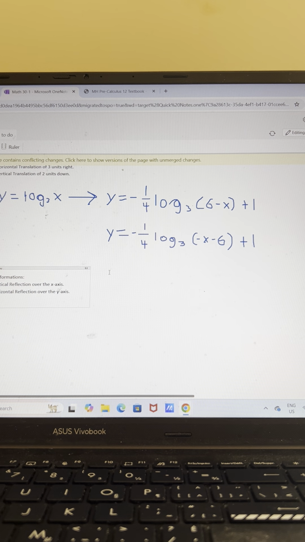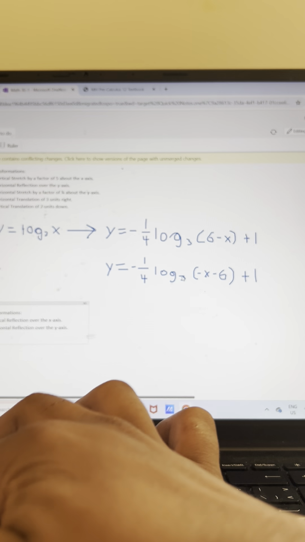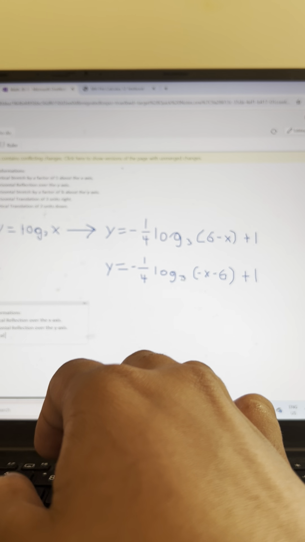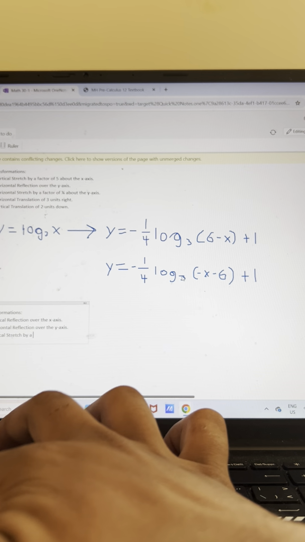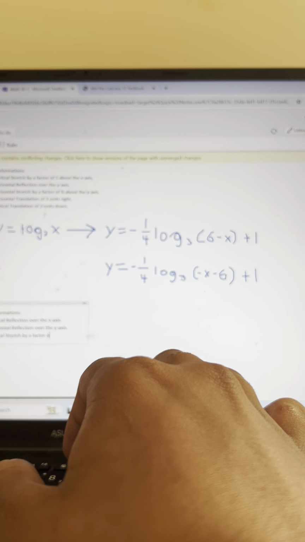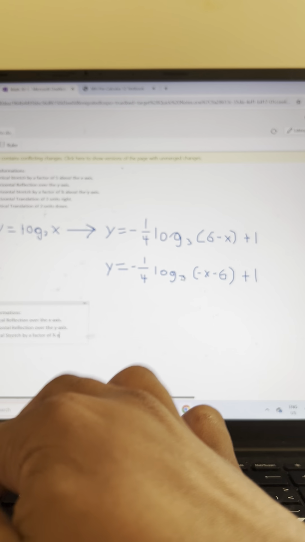And now that we got that out of the way, let's put on our stretch. We have a vertical stretch by a factor of 1/4 about the x-axis.